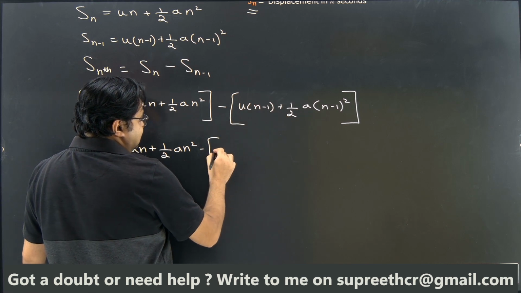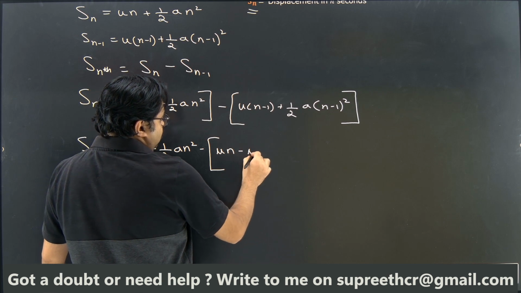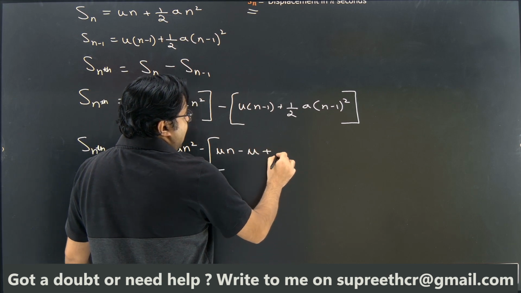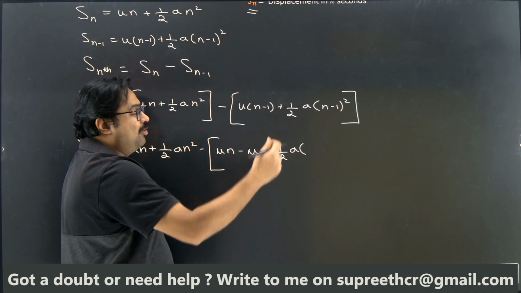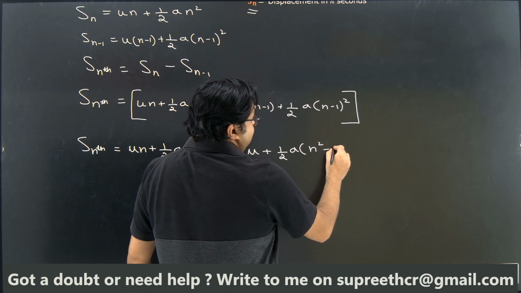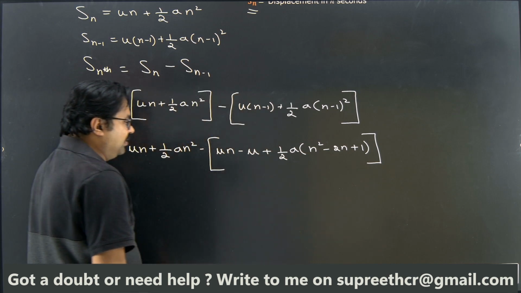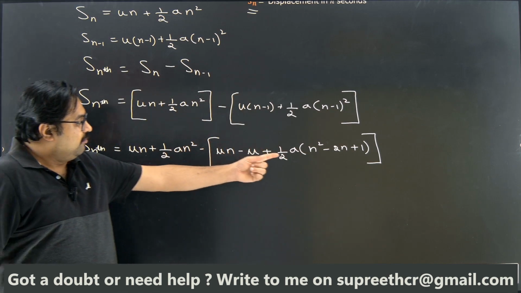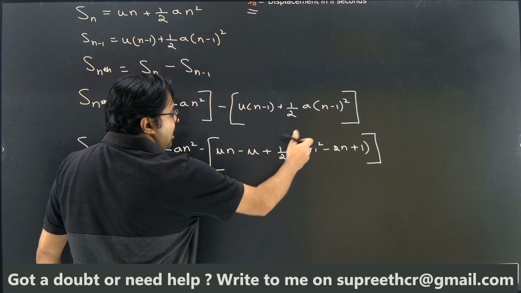Let me expand this. You will have un minus u plus half into a multiplied by, this is like a minus b the whole square. So we have n square minus 2n plus 1 is all that you will have inside once you expand that. Now you just multiply half a with this.